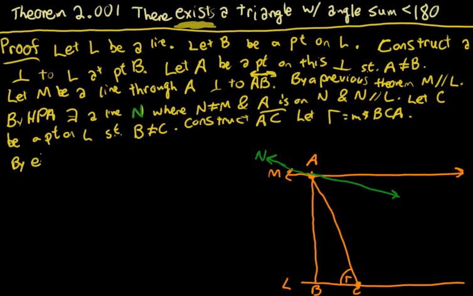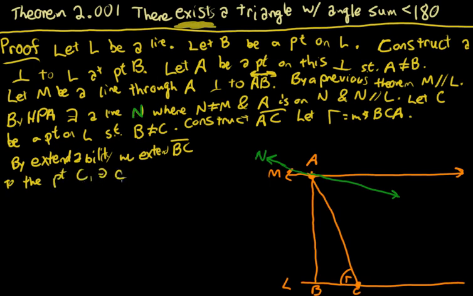And by extendability, we extend BC to the point C sub 1 such that the length from C to C sub 1 is equal to AC.